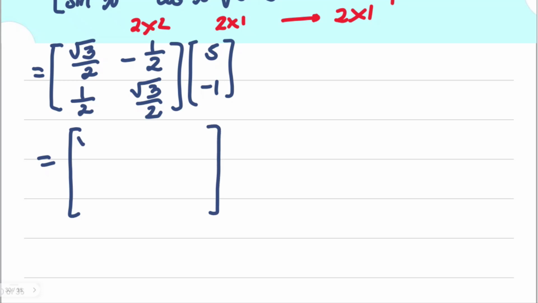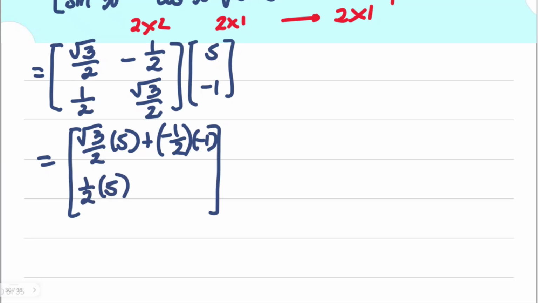You have square root of 3/2 times 5 plus -1/2 times -1. That's for your first component. For your second component, you have 1/2 times 5 plus square root of 3 over 2 times -1, which will give us a result here.